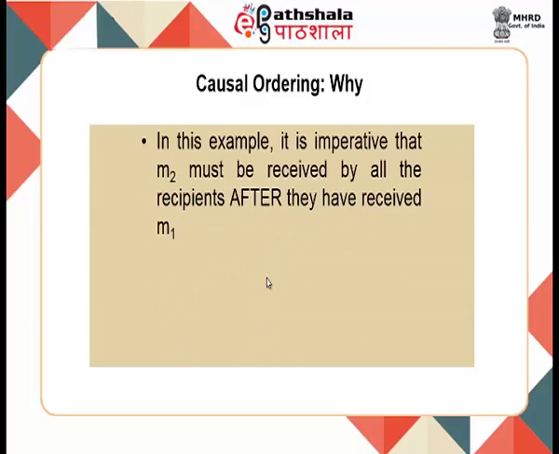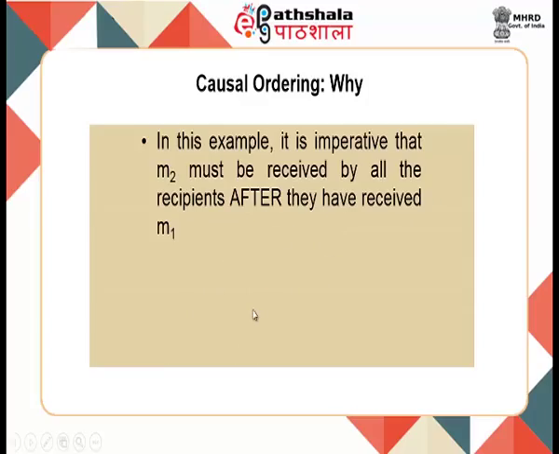So, causal ordering ensures that when two messages are coming from two different processes, they will be delivered to a third process in the correct order in case the second message is in response to the first message.